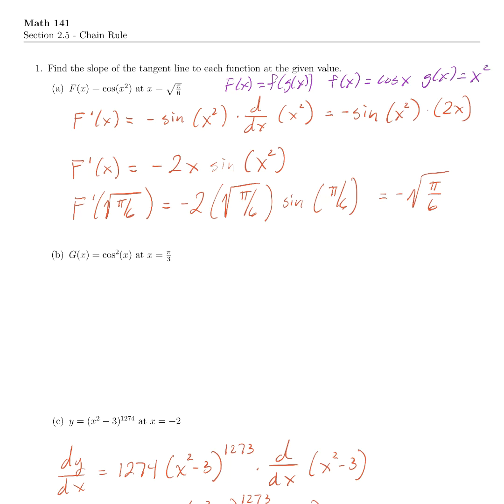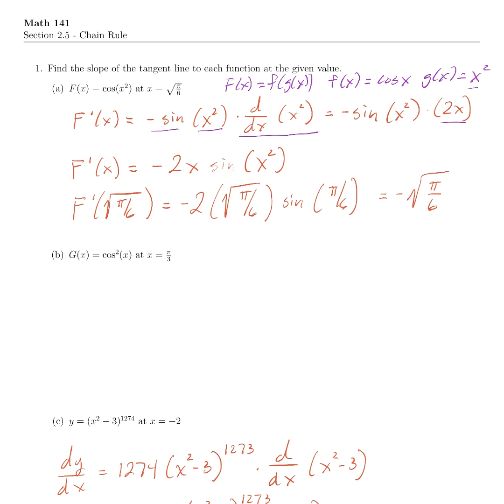Then we'd take the derivative of cosine, which is negative sine, evaluated at x squared. That's the derivative of the outer function, evaluated at the inner function. But because this inner function is x squared and not x, we need to multiply by its derivative.